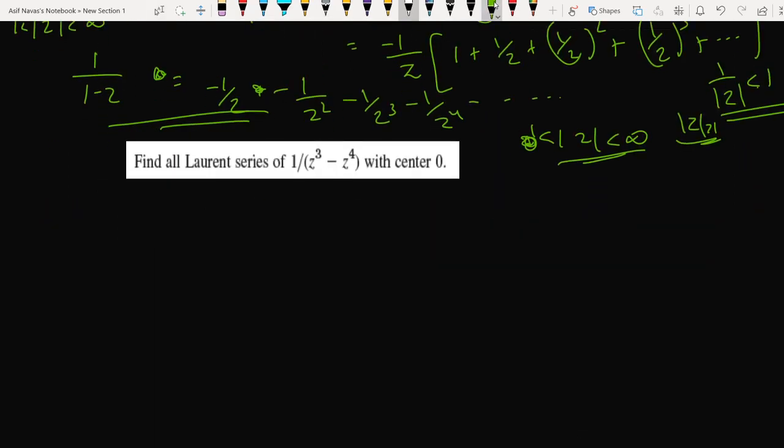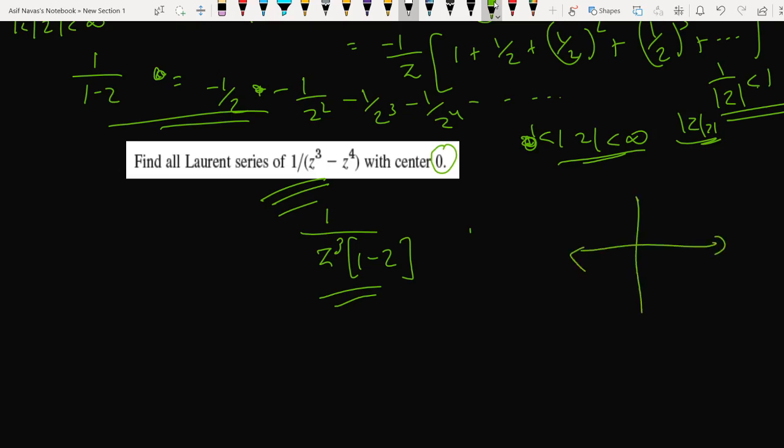You just practice this. I will give you a hint. You can take z cube into 1 minus z. So with this representation, find all the Laurent series.